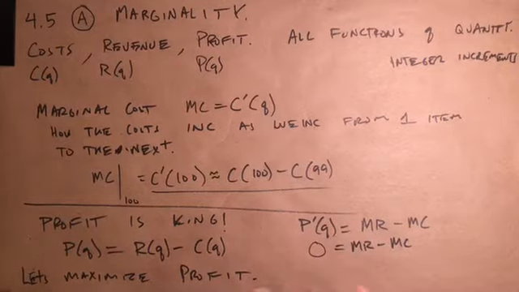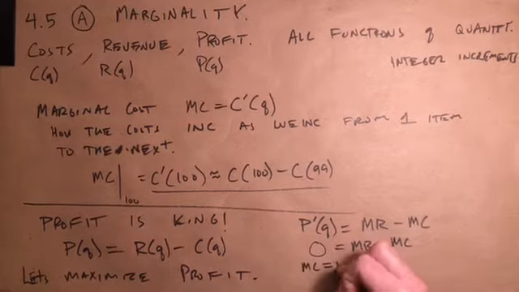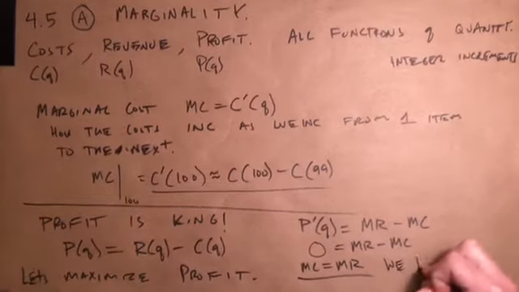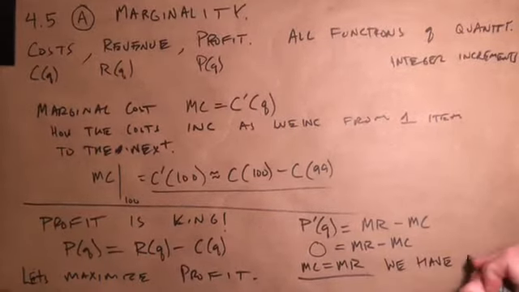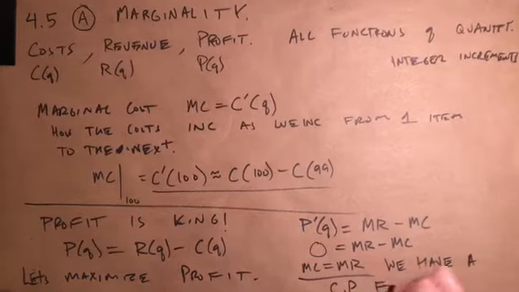And then I can solve, and we see something fantastic here, that the max profit occurs, or the min profit occurs, because that can happen too, when the marginal cost is equal to the marginal revenue. We have a critical point for profit.